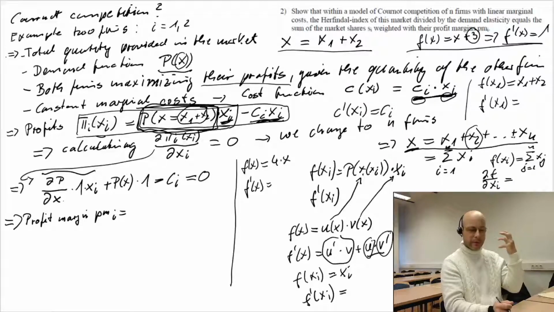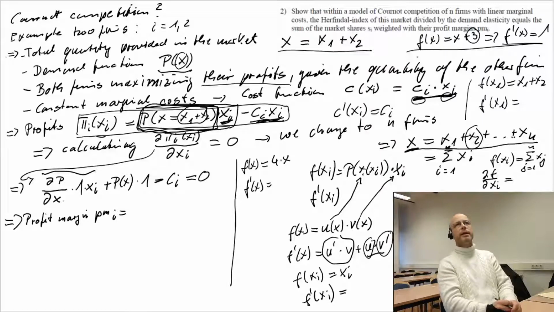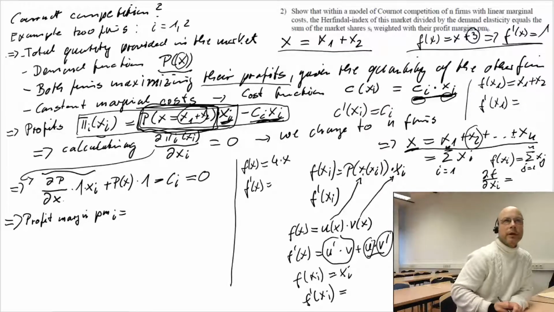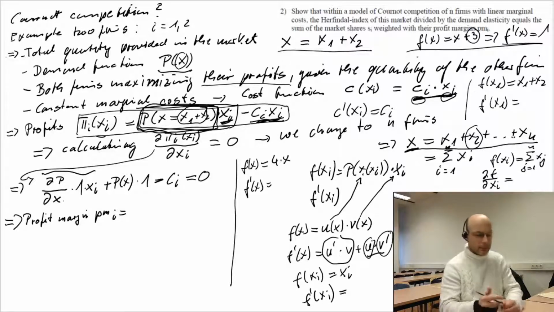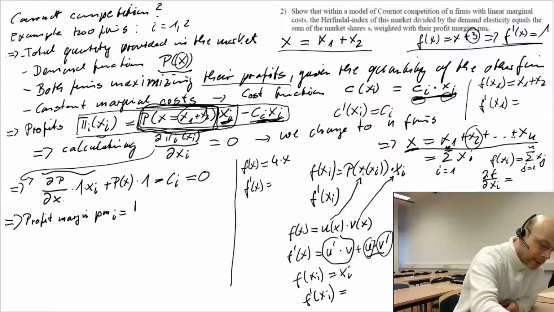So you can think of a market where you can sell your product for a price of 4, then you have maybe marginal costs of 3, and this 4 minus 3 is 1, dividing by the selling price 4 itself means then that you have a profit margin of 25%, 1 over 4. So this is just P minus ci over P.